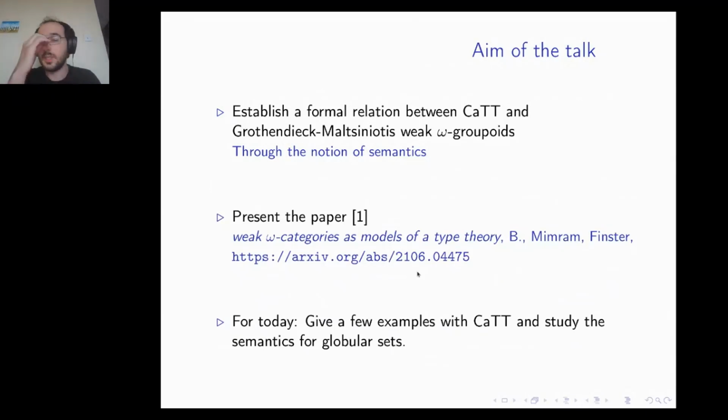Especially for today, I won't really go into the semantics of the theory CAT because it's really complicated, but I'll study a much simpler case, which is a theory for a globular set, and I'll study the semantics in the good way. I'll present you the bad way of doing it, and then the good way of doing it. And the good way of doing it being the way that generalizes well to CAT, for instance, or to other type theories.